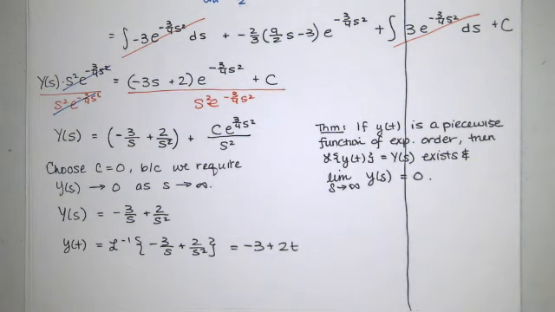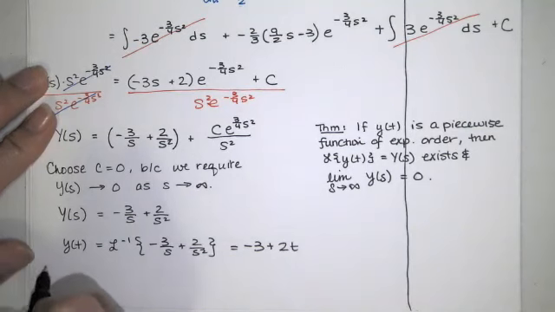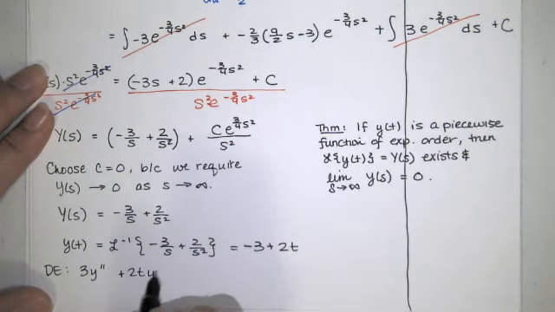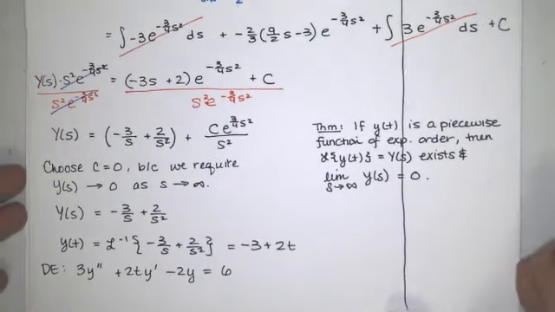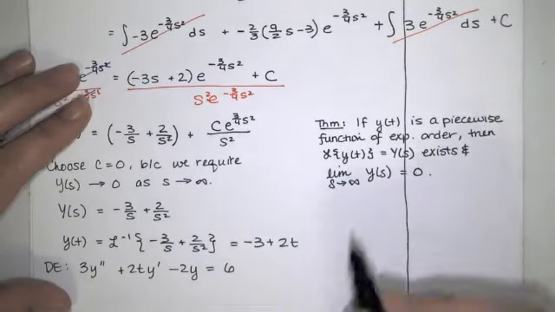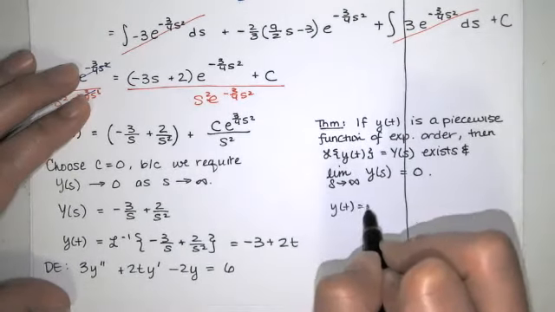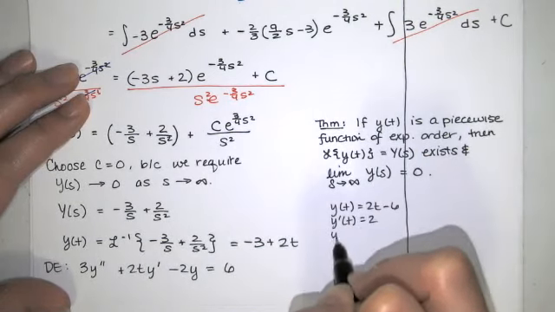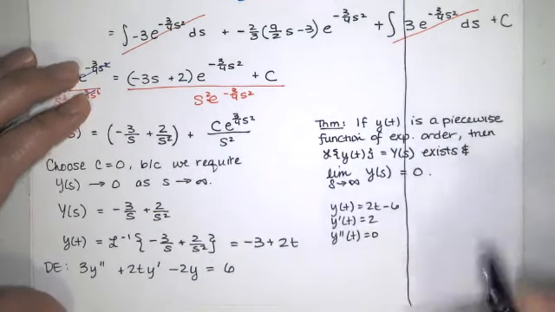Now let's check and make sure this actually works. It was a second order differential equation: 3 times y double prime plus 2t times y prime minus 2 times y was equal to 6. Let's check that it's satisfied. If y of t is equal to 2t minus 3, y prime is equal to 2, and y double prime is equal to 0.